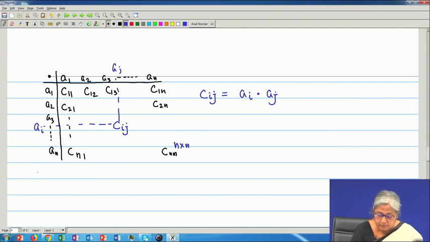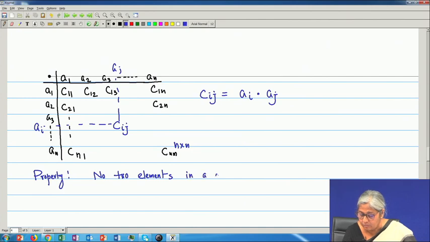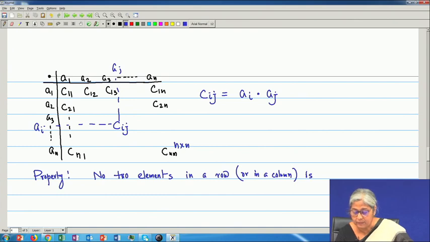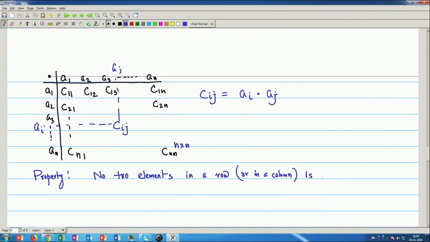So, now we give a property of a group, that no two elements in a row or in a column are the same. Now, how can we show that?